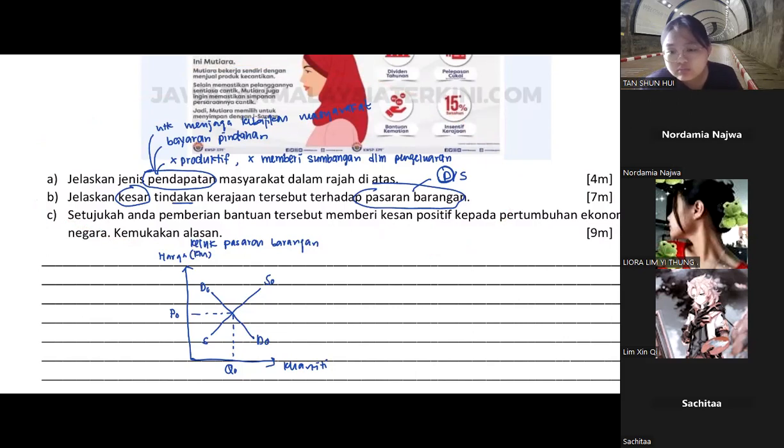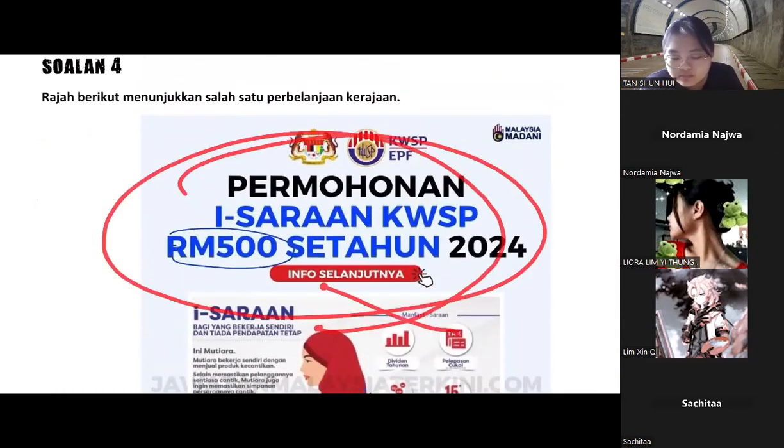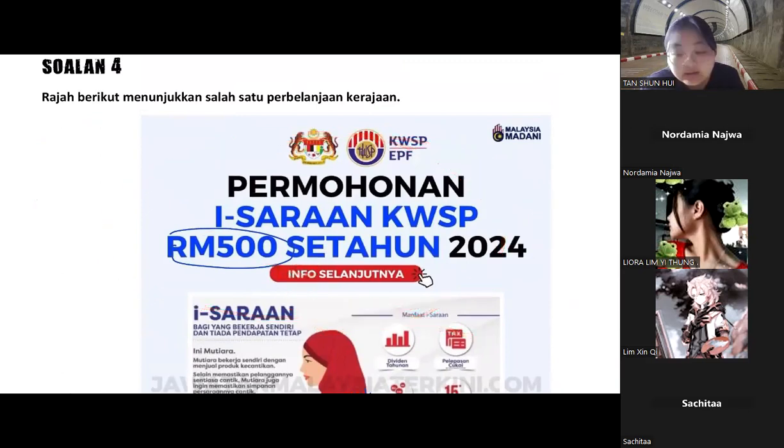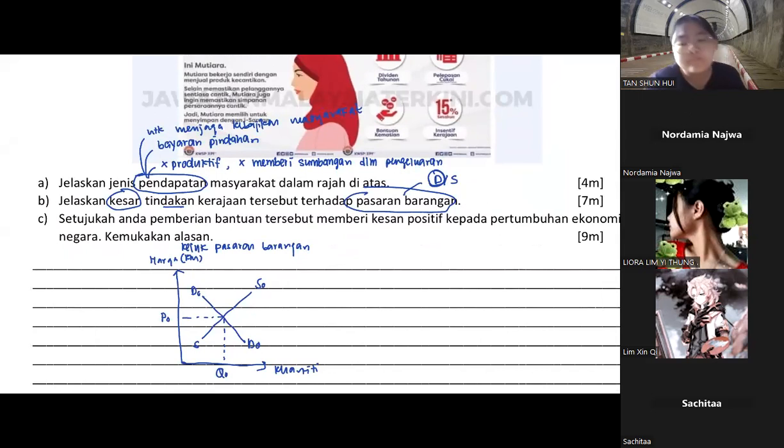How do I know they give subsidy? Permohonan 500. You can request 500 from the government. Isn't a bantuan? Do you think why they gave you money? Right, it's a bantuan kewangan, or you can call it as a subsidy, right? So they gave you money. They give you money, we know it will affect demand.